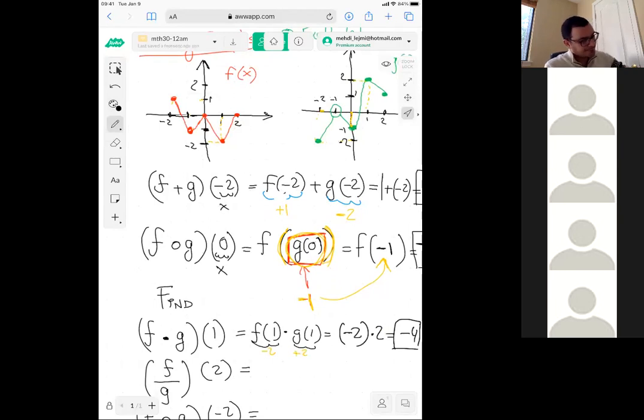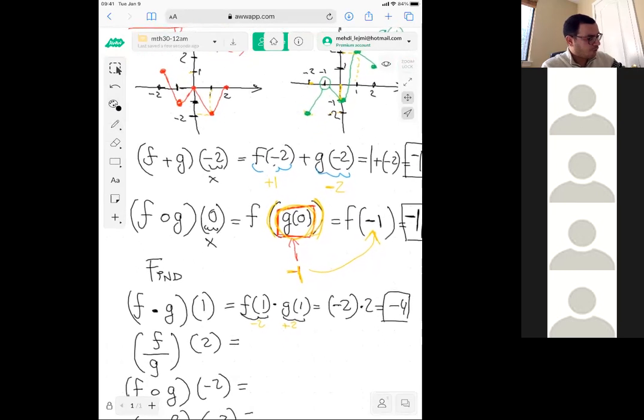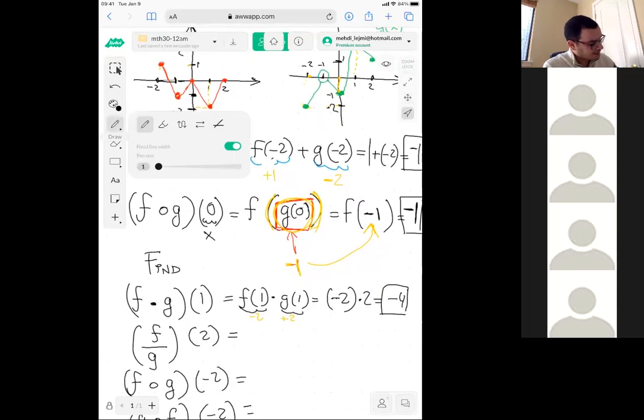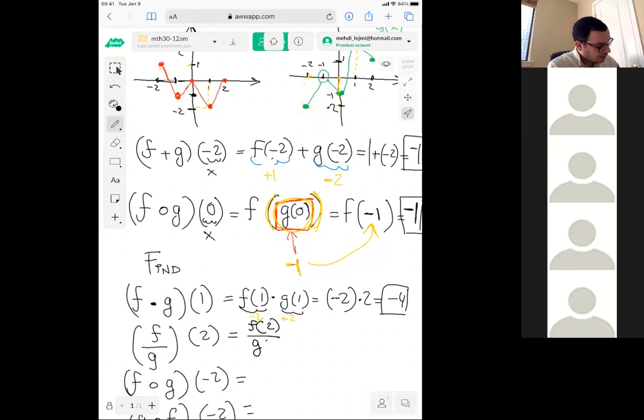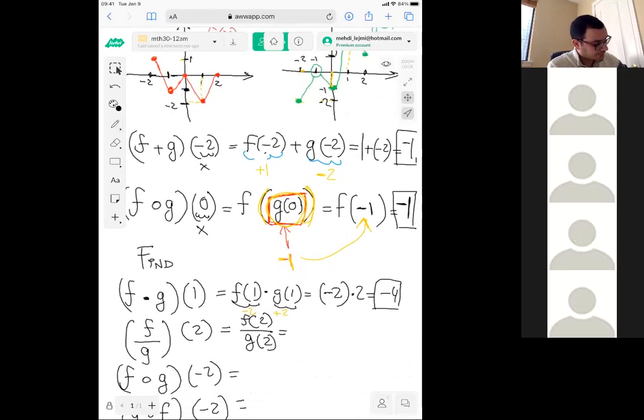Now next, again, guys, please feel free to interrupt me and ask questions if you have any. For f over g of 2, it's a division, so it's supposed to be f of 2 over g of 2. f of 2 is 0, right?